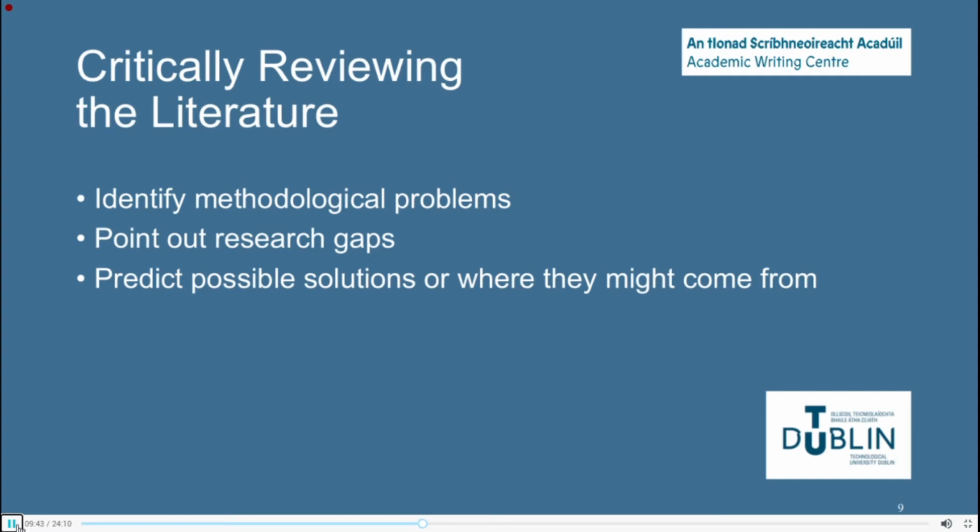So after having read a review of the literature, a reader should have a rough idea of the main achievements in the reviewed fields, the main areas of debate, and also the outstanding research questions.